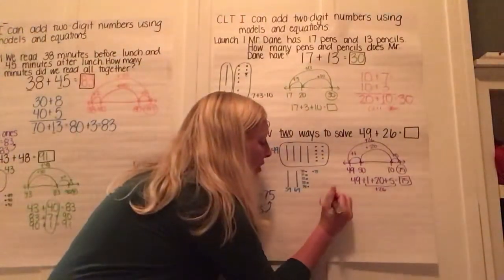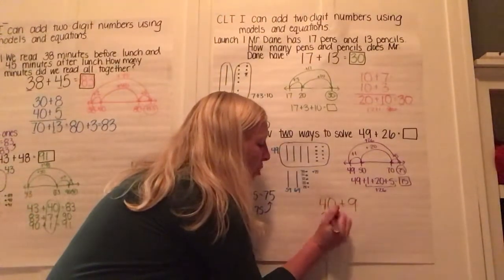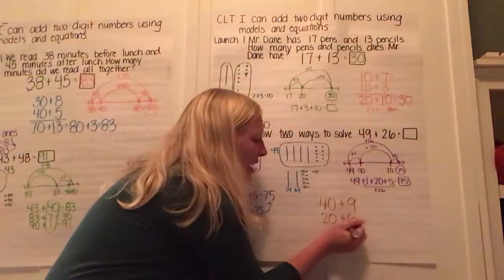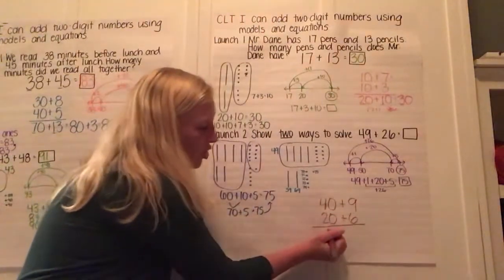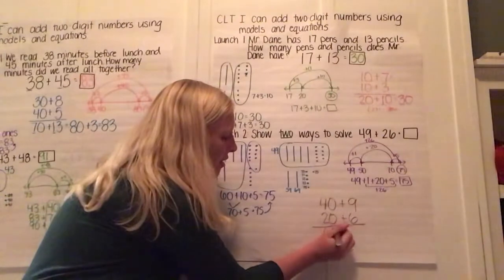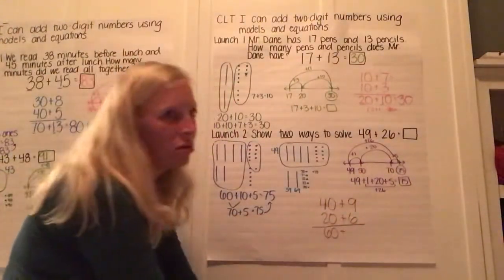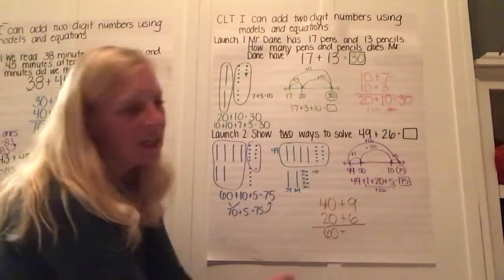My friend did this. 40 and 9. 20 and 6. 20 plus 40 is 60. 9 plus 6, 15.